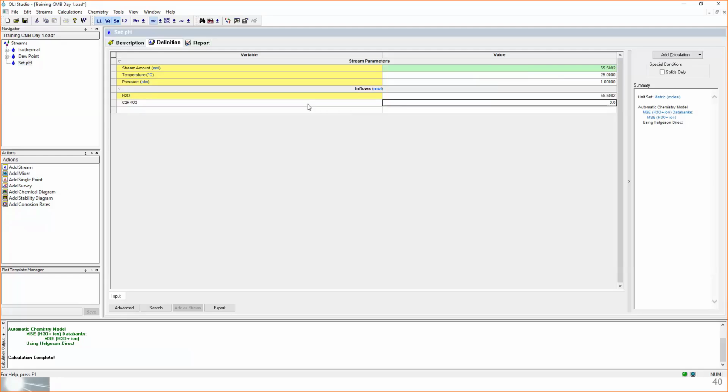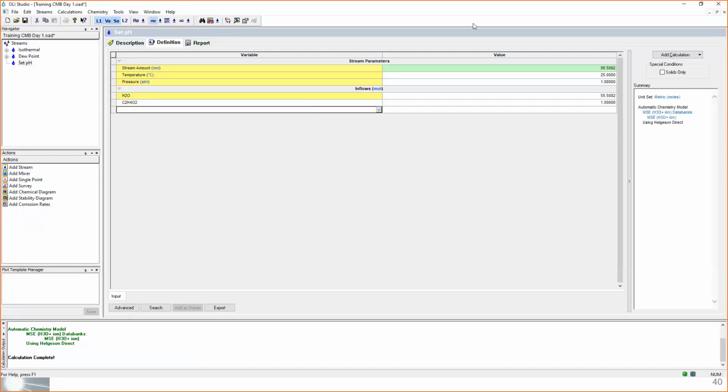Because that's how we have defined how we want to show the species names in the software, as a formula. So we are going to enter 1 mole of this acetic acid, and then we're good. We're not going to change units or anything else.